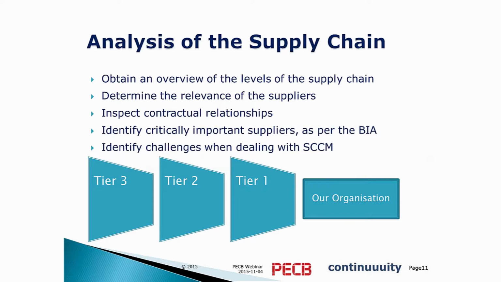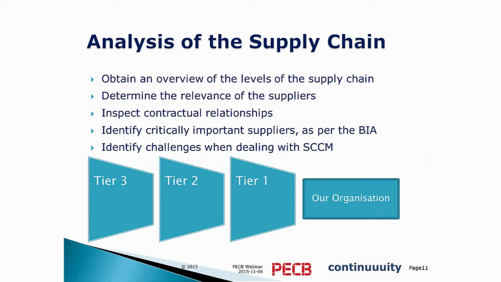If these suppliers supply products and services which can be interchanged at a short notice, then we do not need to care about them, but we should focus on those critical ones where it's not easy or it's not possible to switch at short notice.